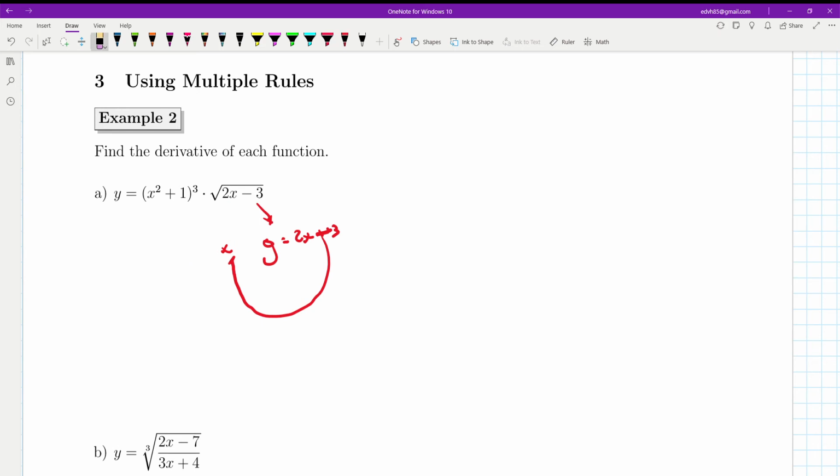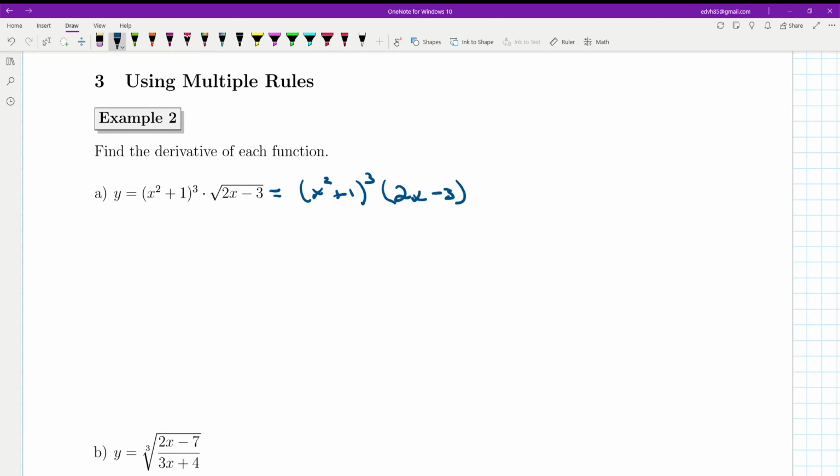So in this case, we are going to combine the product rule along with the chain rule at the same time. But before doing that, we need to change this radical form into rational exponent form: x squared plus 1 cubed times 2x minus 3 to the 1/2. So we're ready to do this.